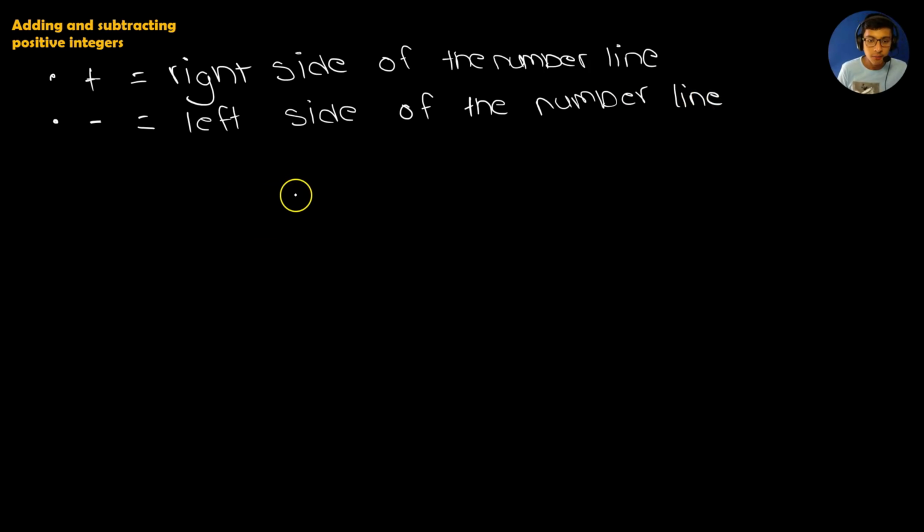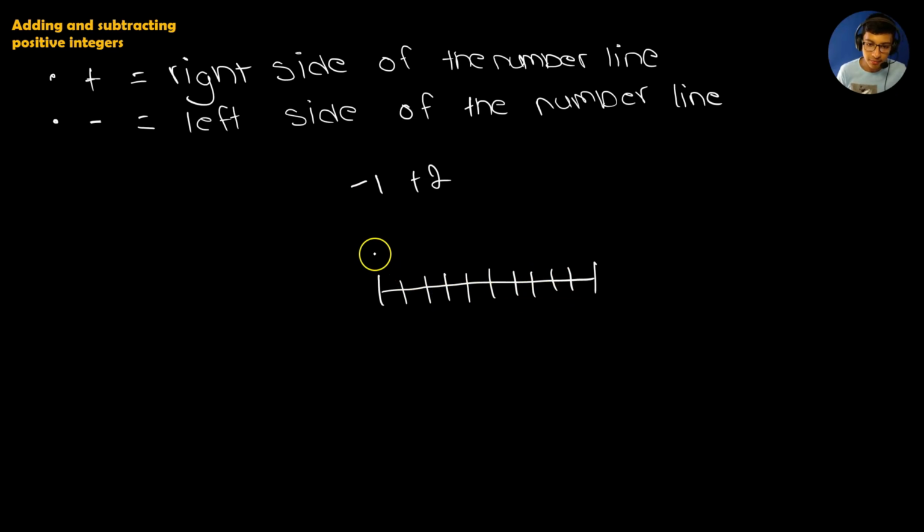So our first example is -1 plus 2. Now if we think about our number line, we have -1, 0, 1, 2, 3, 4, 5. I think that'd be enough.